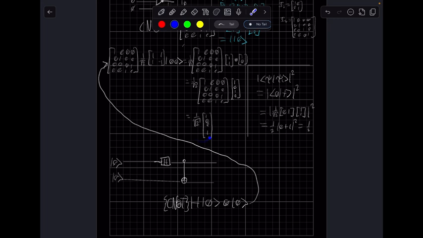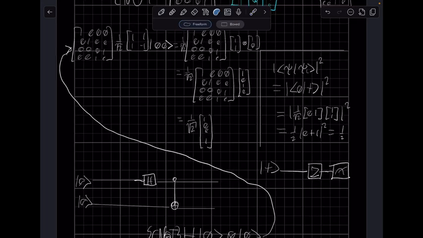I want to know what I can expect to be measured, and then I measure it. What should I expect to see? And in fact, what this is telling us is the probability of it being in the 0 state afterwards, because essentially the Z gate is going to constrain it to be either 0 or 1, because those are the bases for Pauli Z. Or I should say, those are the eigenvectors for Pauli Z.